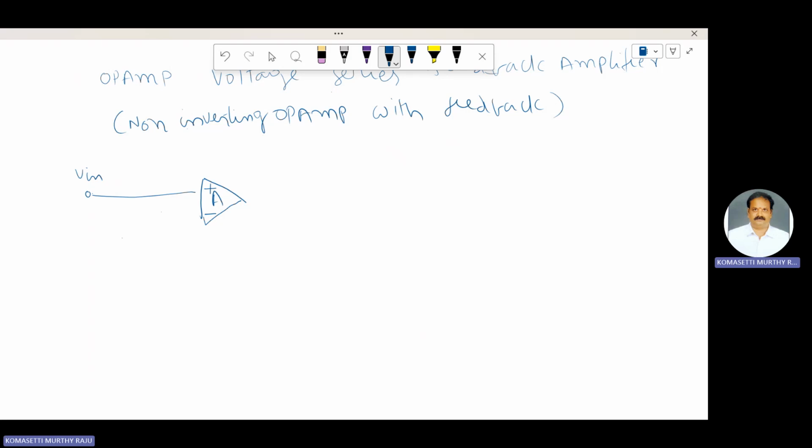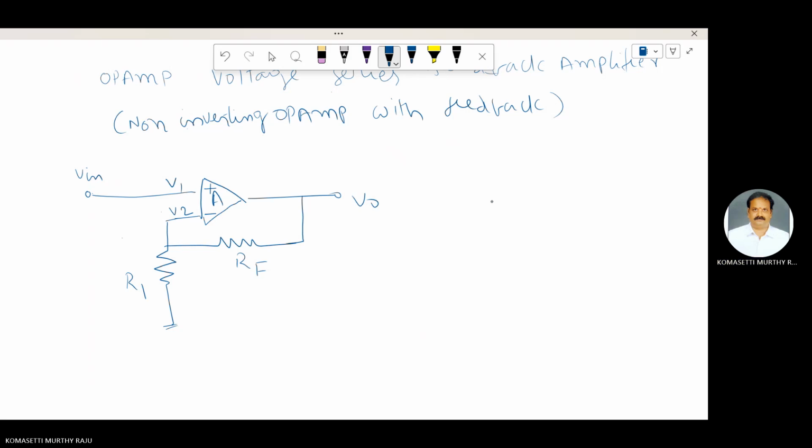Voltage divider bias resistance circuit is applied here. This one is R1. This one is output V0. This one is feedback resistance R. This one is V1 and V2.